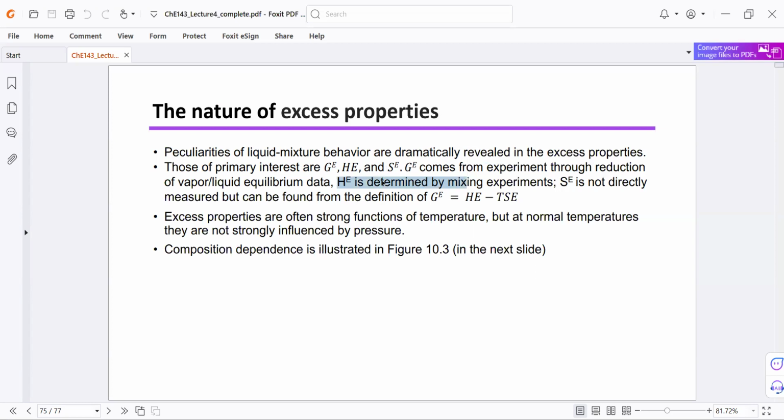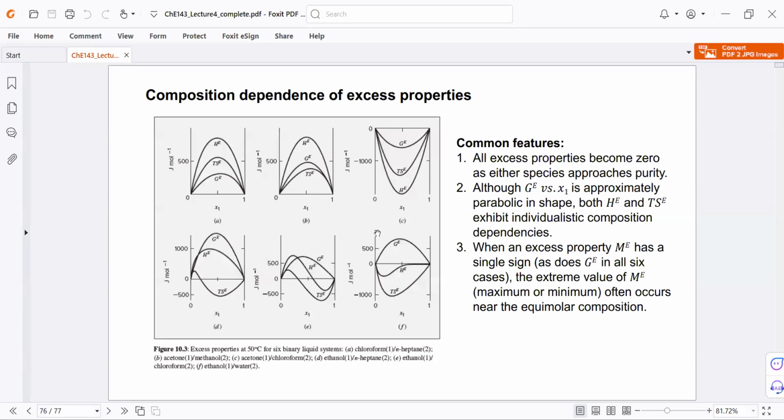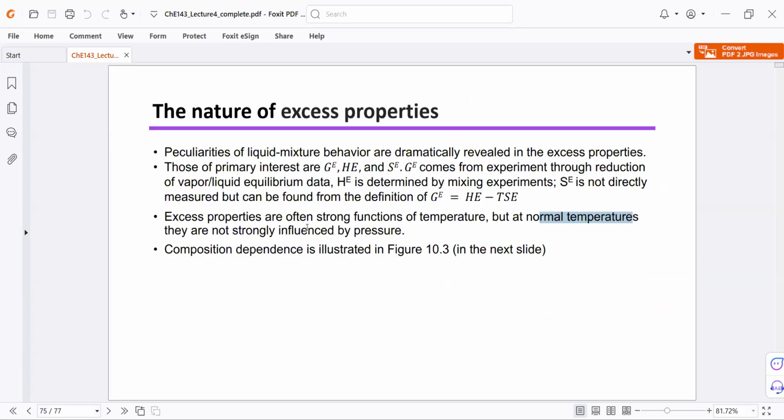For example, HE or enthalpy excess is determined by mixing experiments, and we can derive entropy based on the definition of G. Actually, I'm sorry, I meant excess properties are often strong functions of temperature, but at normal temperature, they are not strongly influenced by pressure.